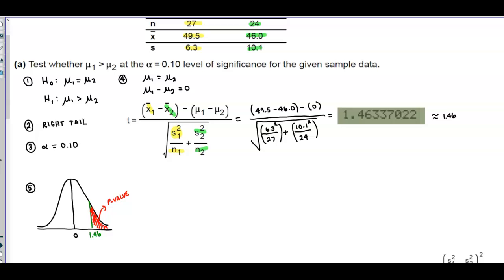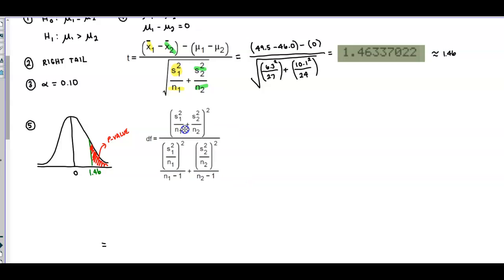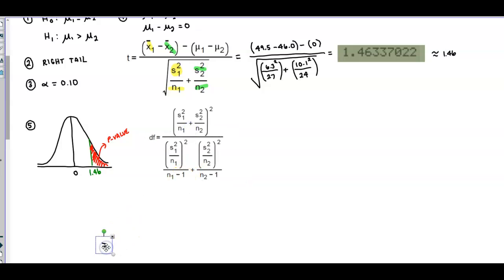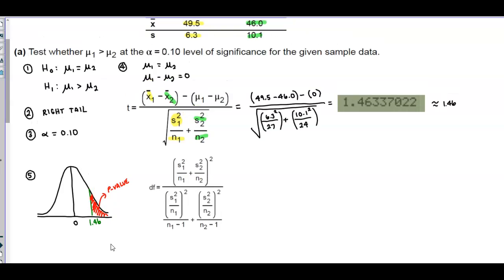Now there are two ways to find the p-value. MyMathLab will take two different answers, and I want to show you the differences between the two. The first is using the degrees of freedom formula. We take the standard deviation for sample 1, which is 6.3, square it, and divide by the sample size of 27, plus the standard deviation of 10.1, squared and divided by the sample size of 24.